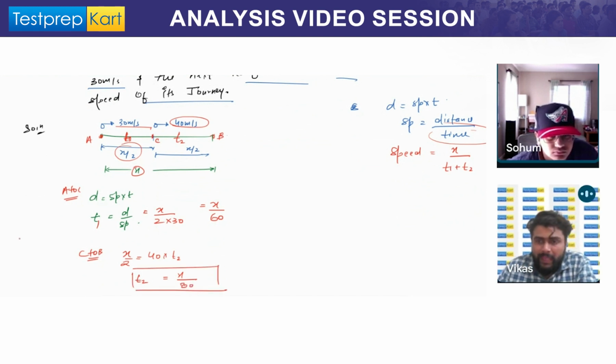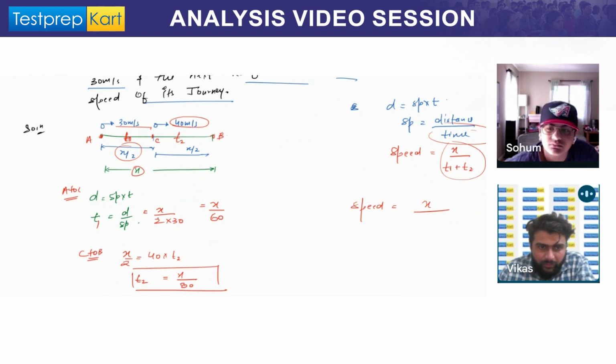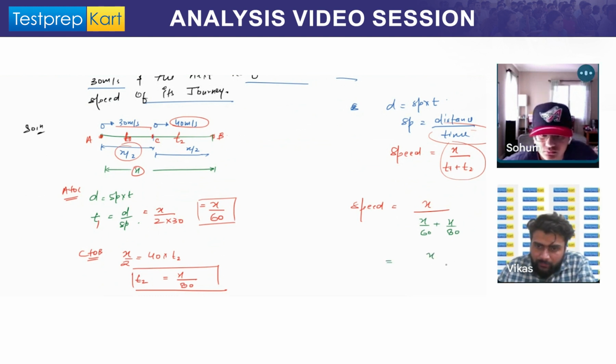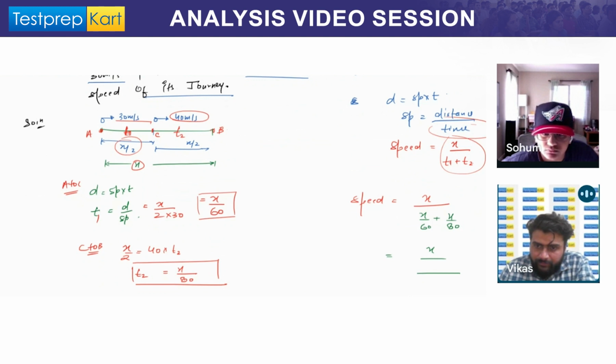Because I'm looking for the speed, I write these values of T1 and T2 in the formula: x by 60 plus x by 80. I'm taking an LCM here.